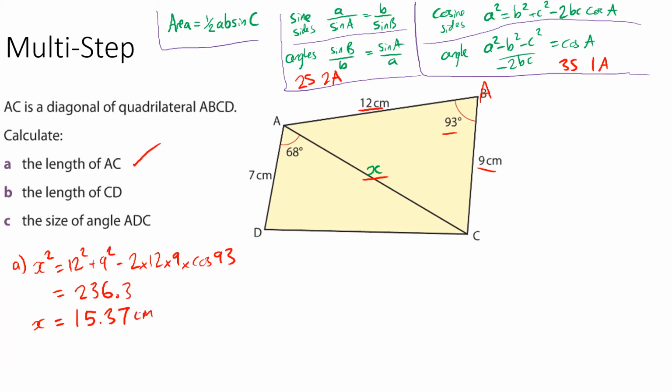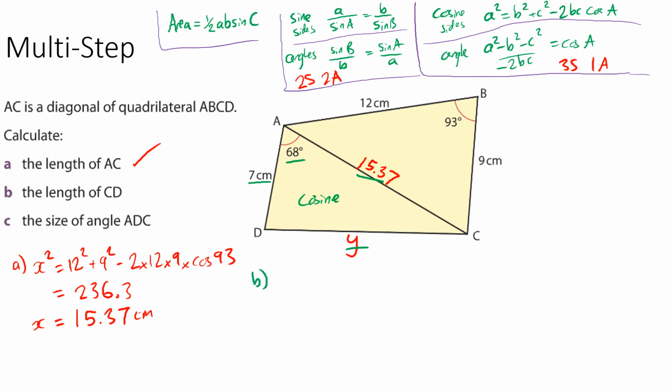That's part A. Part B says we want to find the length of CD, so let's get rid of some of our labeling here. We want to find this length here, we'll call it y, and we do now know that this is 15.37. So we can use the bottom triangle because we've got a side, a side, a side, and an angle. That's cosine rule again.